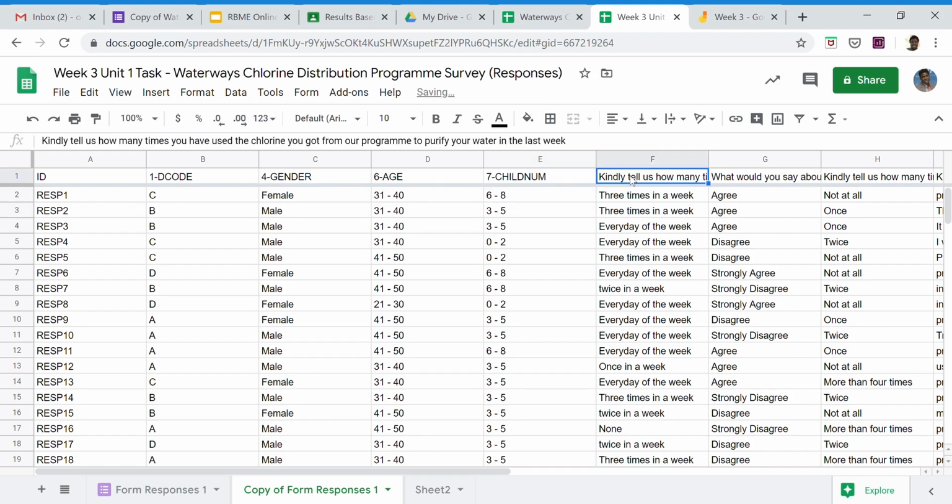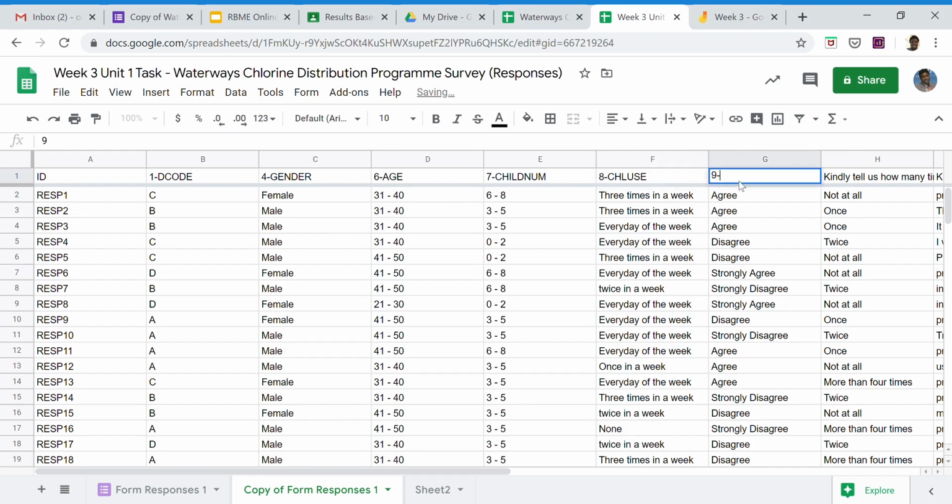Then I have question 8 as chlorine use. Let me just put this as. So I have it this way.